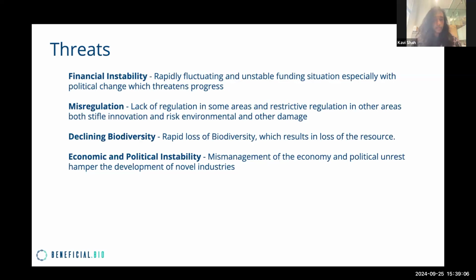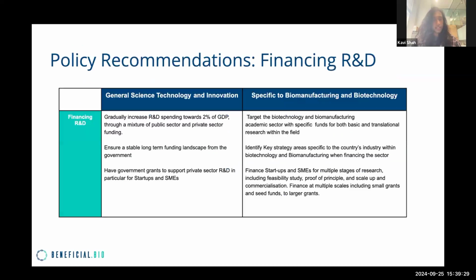The threat of also the declining biodiversity, which is a loss of a valuable resource, and economic and political stability, which is also actually one of the hurdles to private investment in the region, is that it's seen as less stable. And so it can hamper the development of novel industries like biomanufacturing.